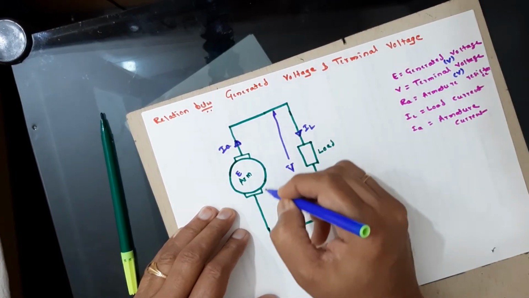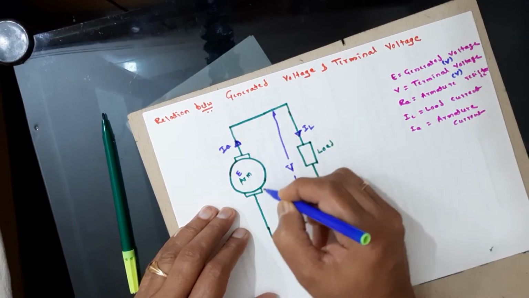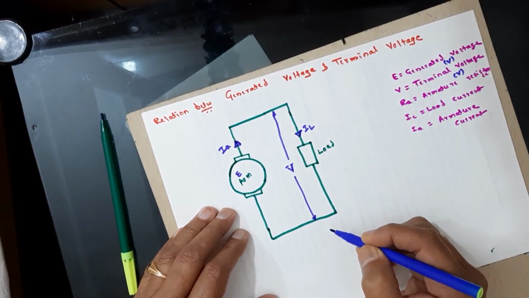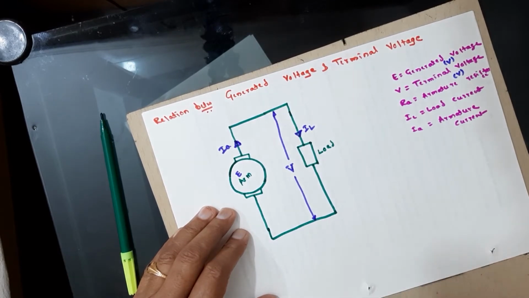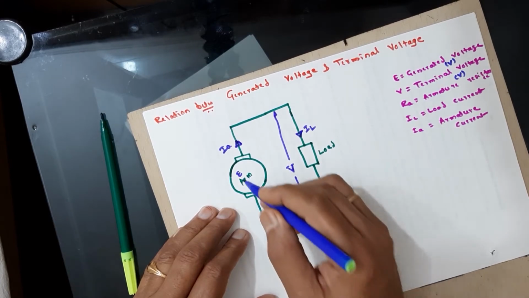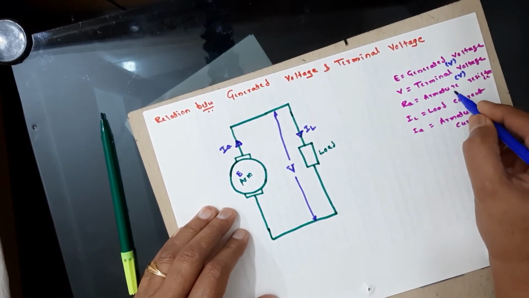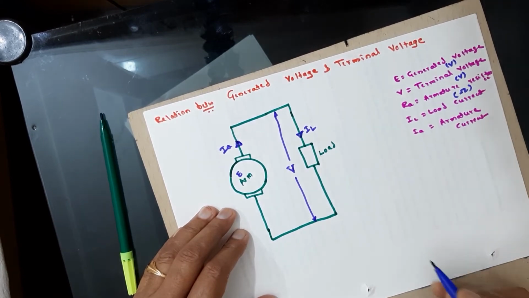We know that the armature consists of a number of conductors connected in a particular fashion. Each conductor has its own inherent resistance. The resistance of the armature conductor is represented by Ra, measured in ohms.